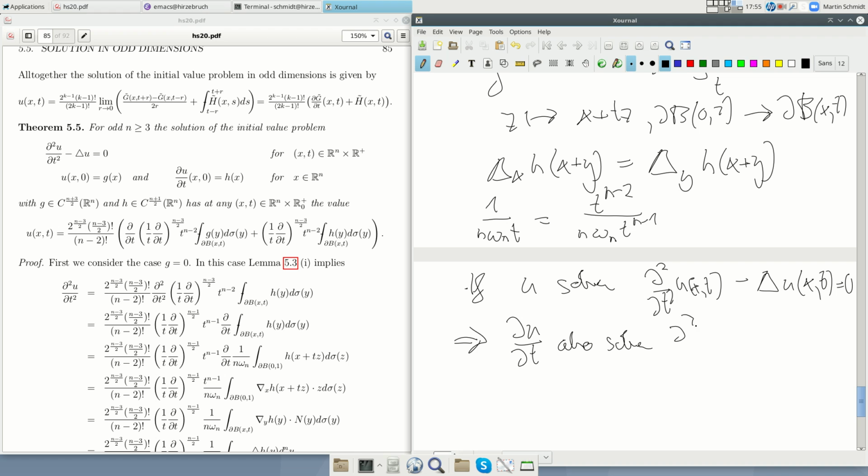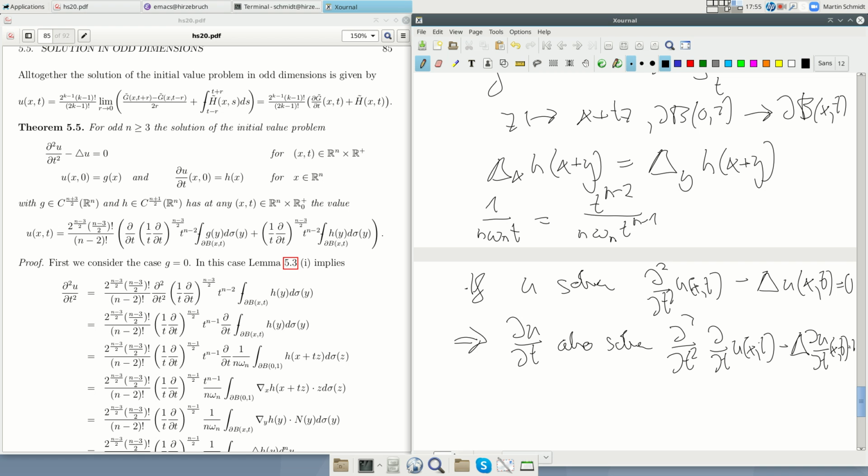Yeah, d squared by dt squared d by dt u of x,t minus Laplacian du by dt of x,t is also 0, because everything commutes. So we can put this d by dt outside, and if this is 0 and we apply d by dt, then it's also 0. So this also solves this equation.